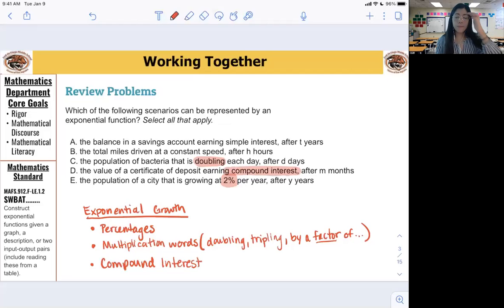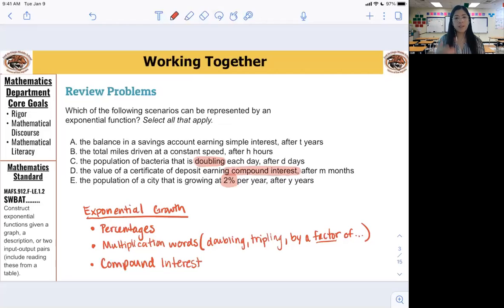Compound interest is something I bet you've probably seen, you just didn't know what it was. When you put money in a bank or in any sort of savings account, it grows over time. Let's say you put $100 into a savings account.